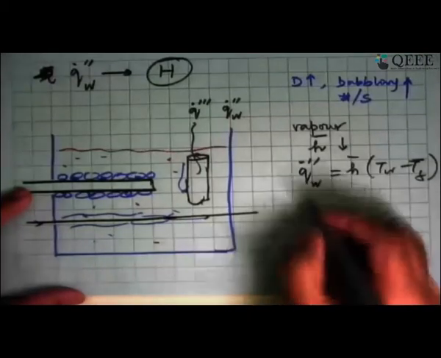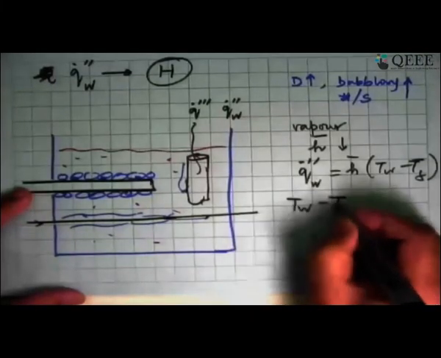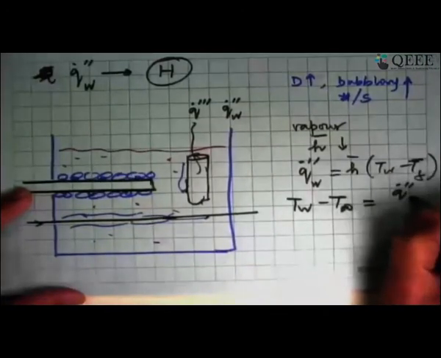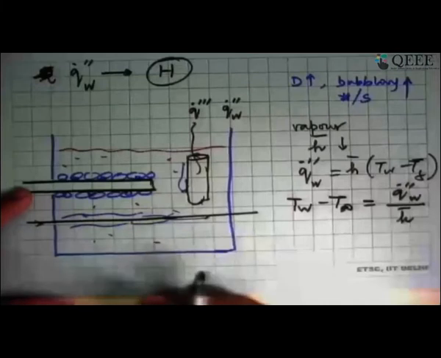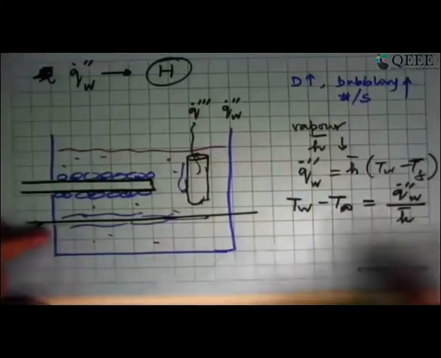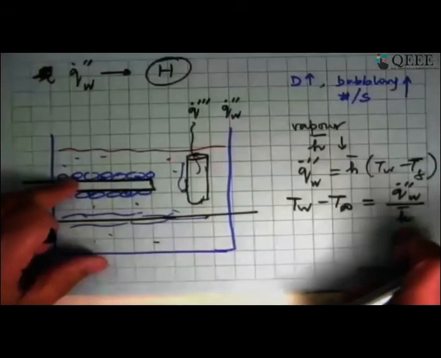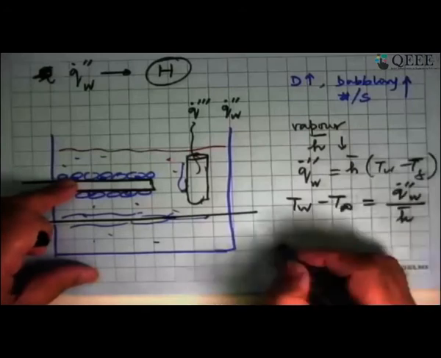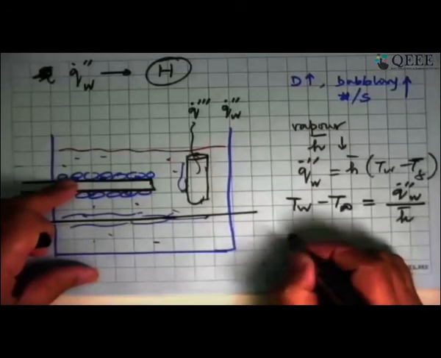So what this is telling us is that T_W minus T infinity is Q dot double prime at the wall divided by H bar. H bar decreased because more and more vapor was being formed, which meant that the right hand side kept getting larger.